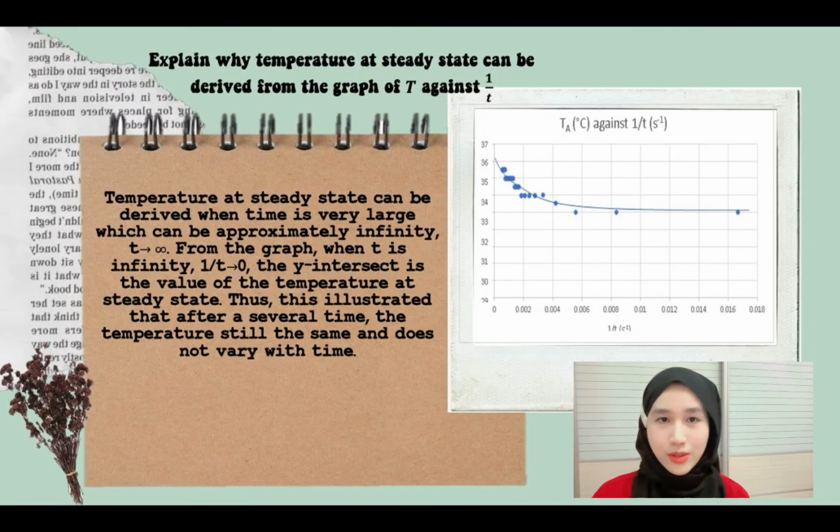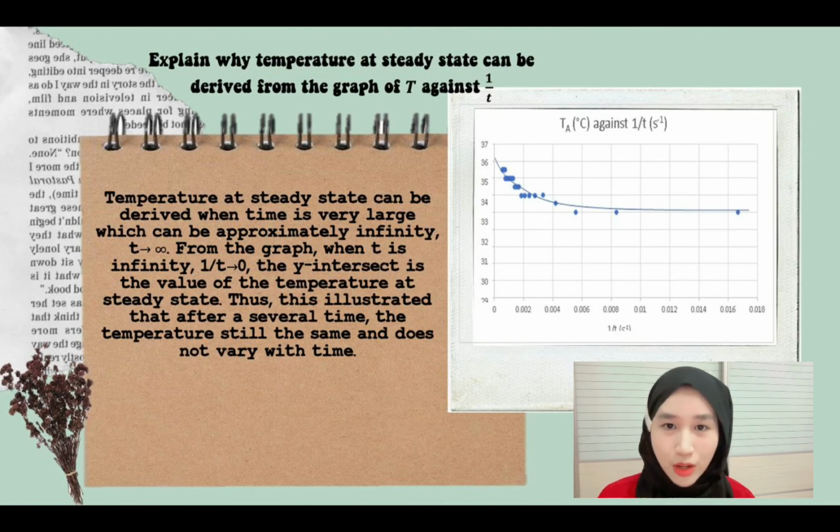Okay, next question. Explain why temperature at steady state can be derived from the graph of T against 1 over t. So this is the example of graph 1.1. The temperature at steady state can be derived when the time is very large, which can be approximated to infinity, where t approaches infinity.